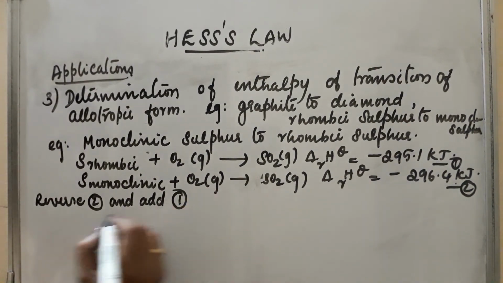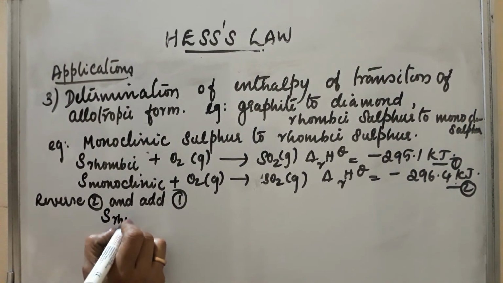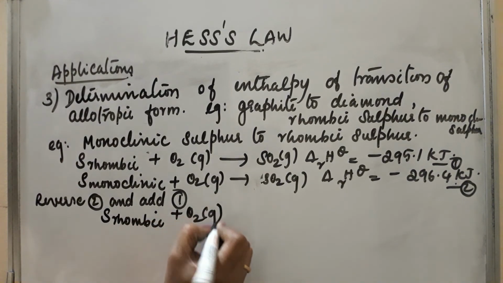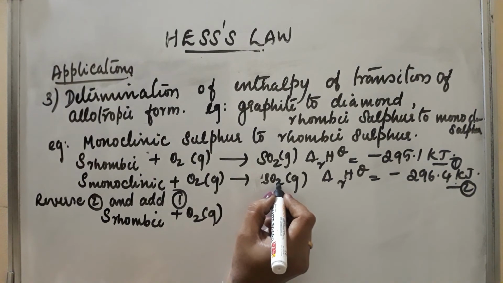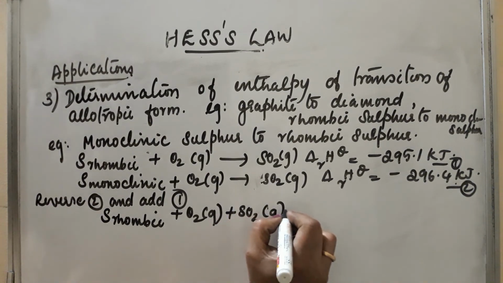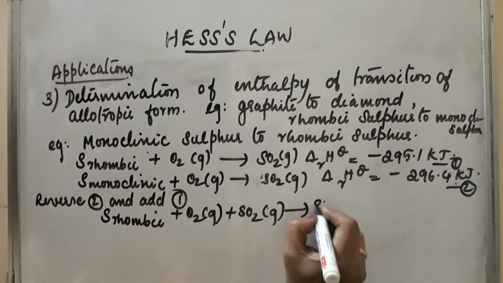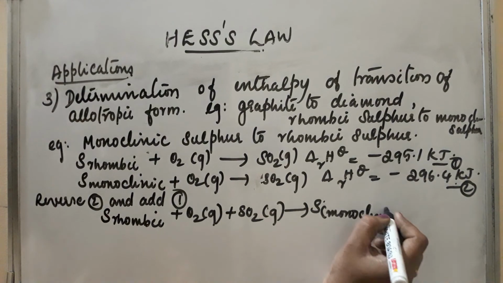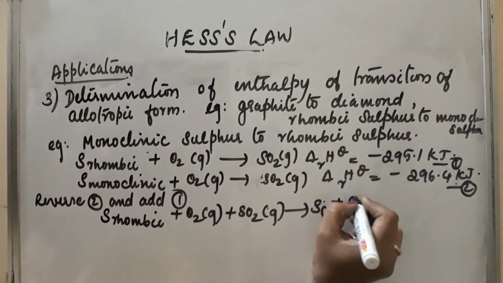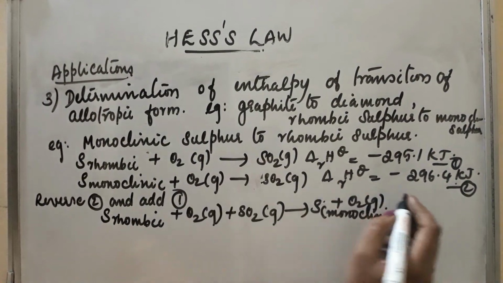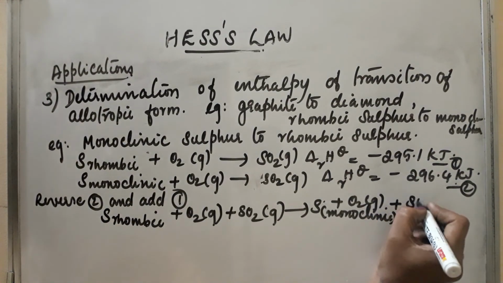Now we can write S rhombic plus O2 gas, and the RHS becomes LHS, plus SO2 gas. Similarly here, S monoclinic plus O2 gas, same LHS, gives SO2 gas.